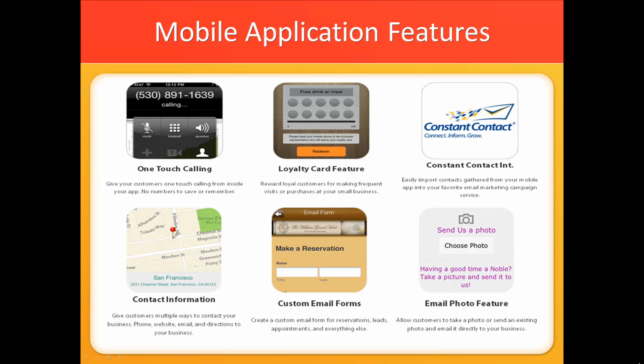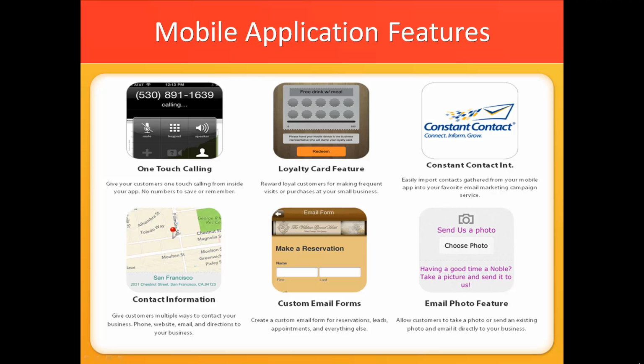Care to make reservations online? We have custom email forms, so one could create a custom email for reservations, for leads, for appointments, really anything you would desire. We could have a form on the app to provide any particular function that the merchant may choose.